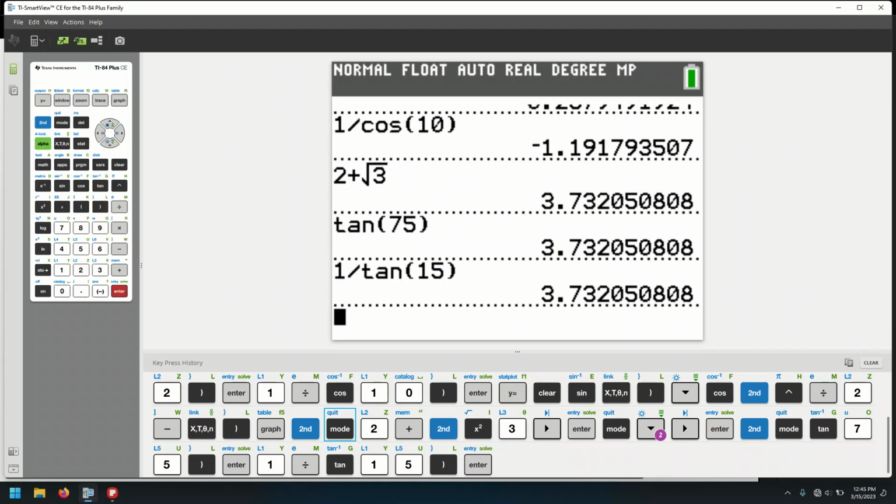Same result, right? So what do we do? Find a complementary function and at the same time find the complementary angle of what is given.